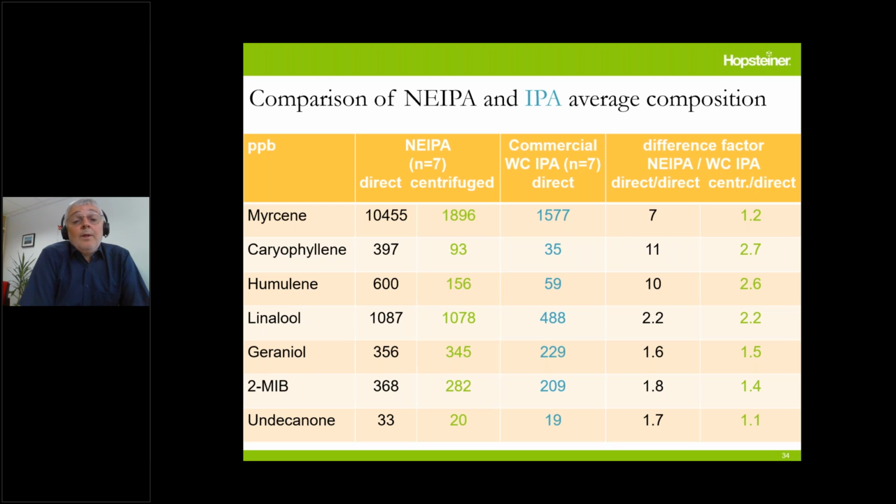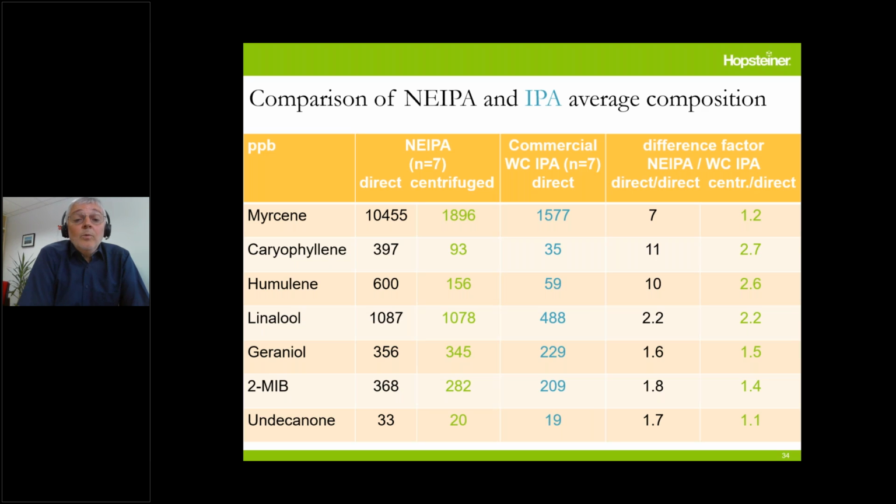So a considerable reduction after centrifugation, but nevertheless, the concentration, even after the centrifugation, is higher as compared to the average value in the West Coast IPA. And the difference factor is higher than 1. It's 1.2 in this case.